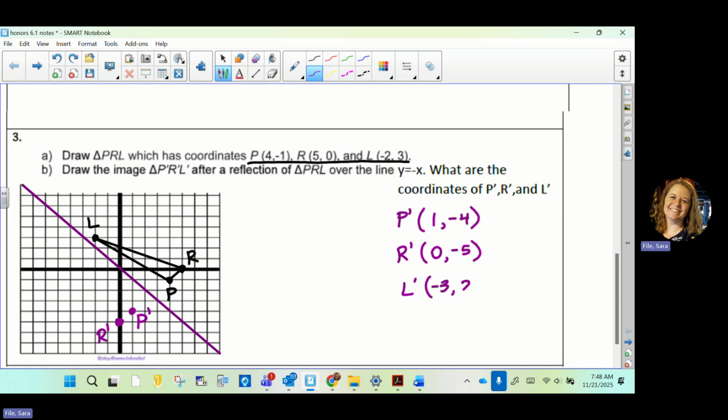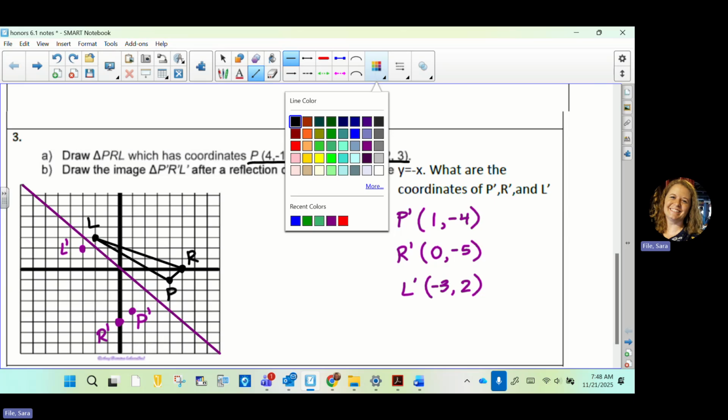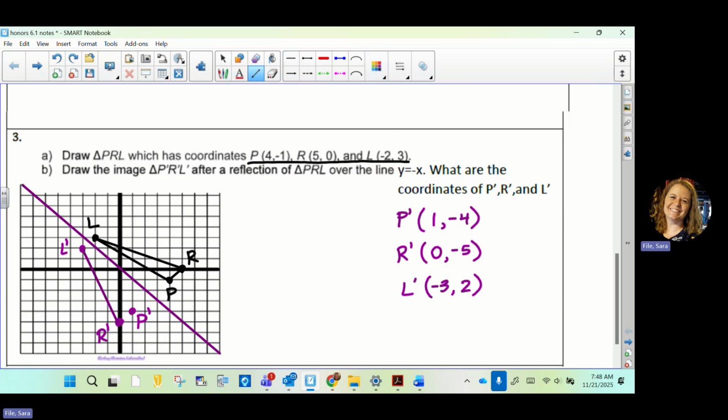The 2 is going to go to positive because you're doing the opposite of both. So that's going to be -3, 2. And you can see your L prime. And again, some of you could have done that just graphically without using the rule, but they did ask for the coordinates. So in my opinion, when they ask for the coordinates, it's easier to just use the rule.